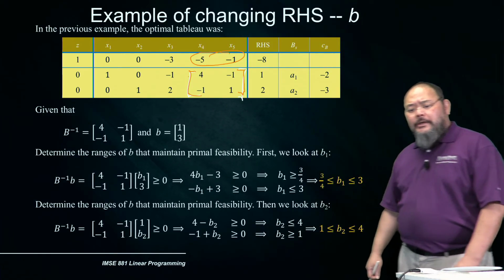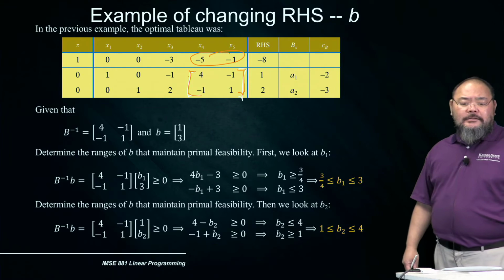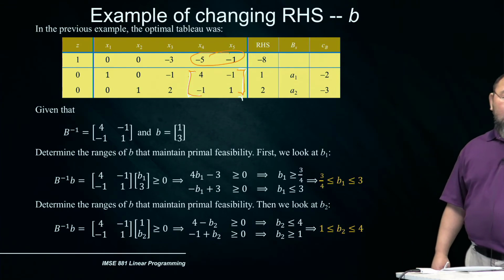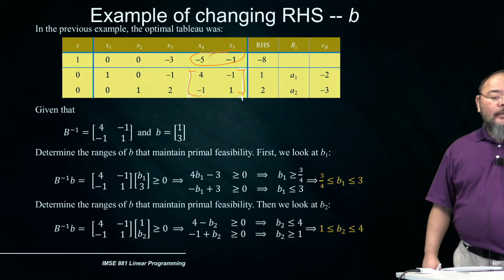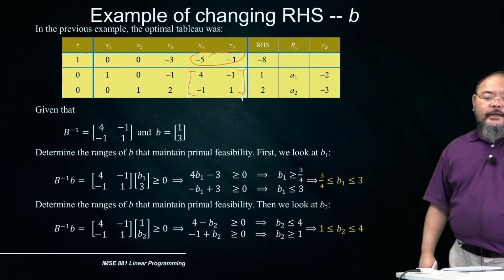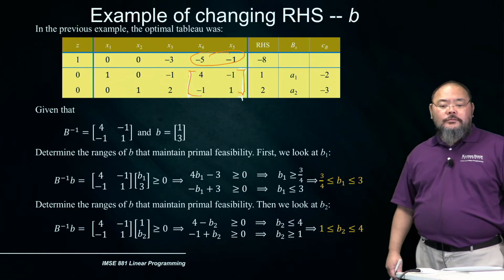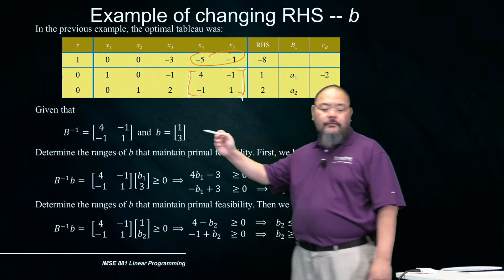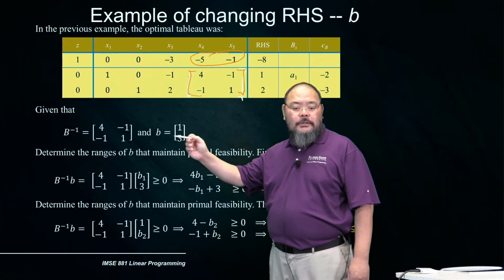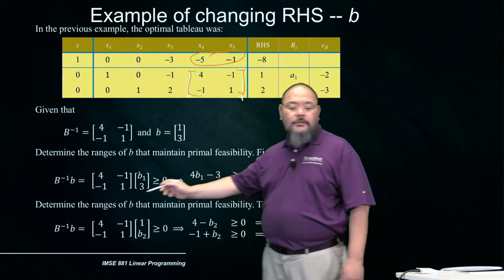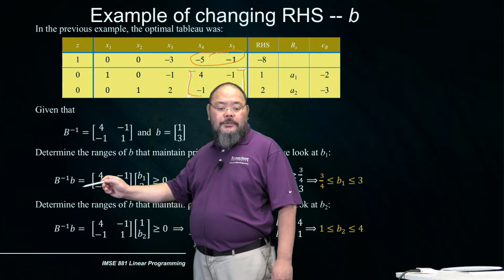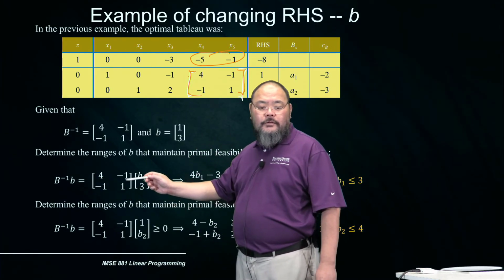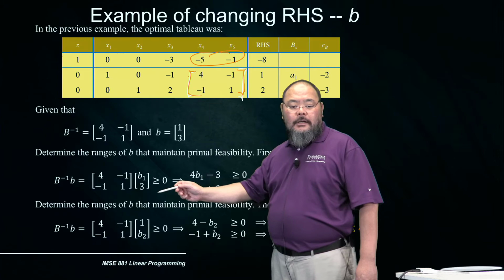And we can study the range of possible change for one of the right-hand sides. For example, if we just look at B1, which is this 1, going to change from 1 to some other value, what's going to happen? If B1 is going to change, B inverse times b equals B inverse times B1, with B2 not changing.